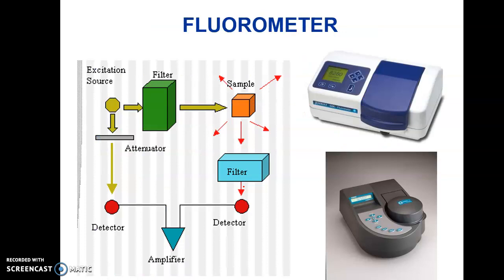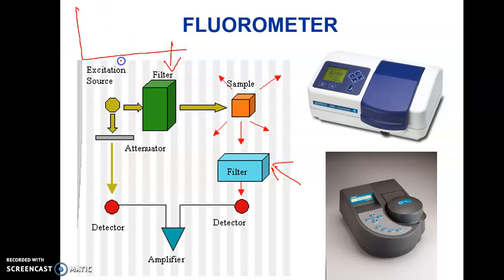Okay, let us look at the instrumental part of the fluorometer. Basically, it is almost the same as ultraviolet visible spectroscopy, except it has two sets of filters. What kind of filters and why are there two filters? Remember the spectrum?